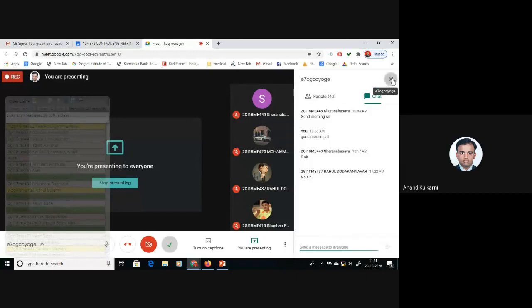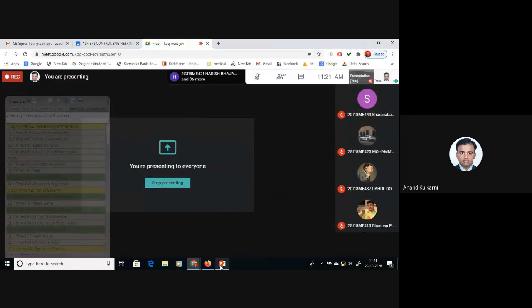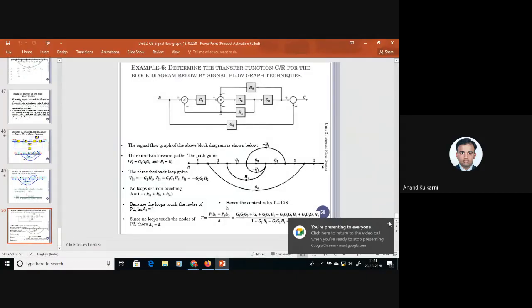Okay, with this the problems on the signal flow graph are done. With this, I'll conclude the chapter and today's class. In unit number 2, one part is done, that is block diagram and signal flow graph. One more part remains, which will be done later.